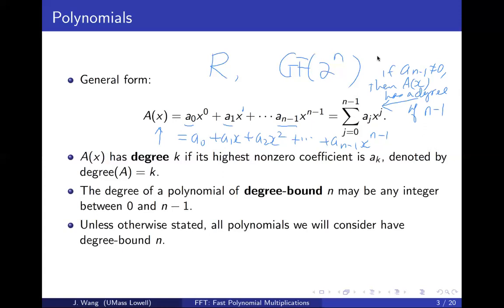So this is an upper bound of a polynomial, which means any polynomial with degree between 0 and n minus 1 is of degree bound n. So unless otherwise stated, all polynomials we will consider here have degree bound n.